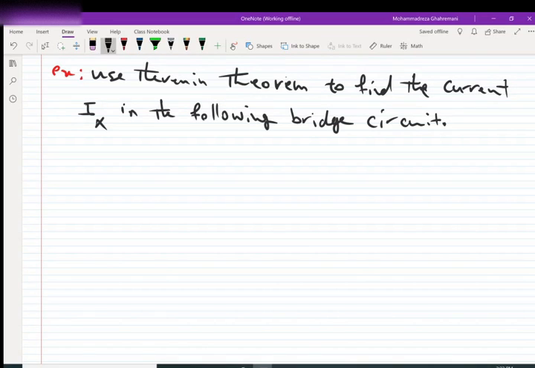Here is the circuit. We have a voltage source 75 with the angle of 0.